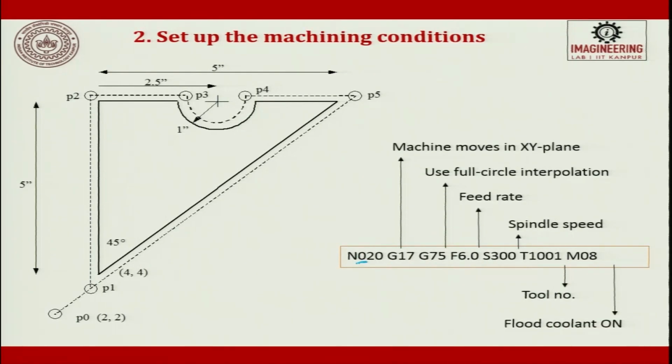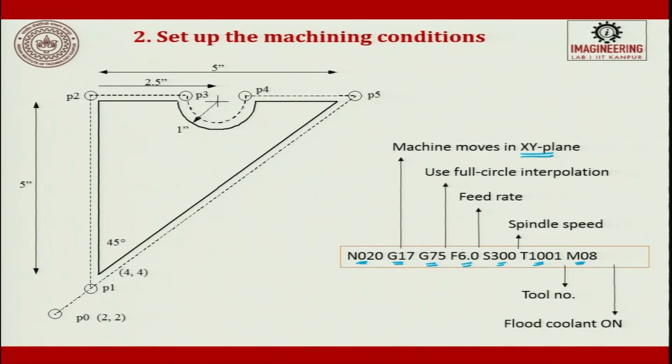Then N02: I am going to use G17, the XY plane, and then full circle interpolation, G75. Then we define the feed, cutting speed, tool number, and finally the flood coolant on. Miscellaneous functions will come at the last.